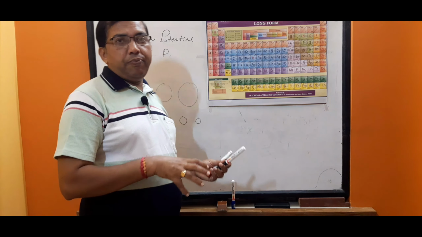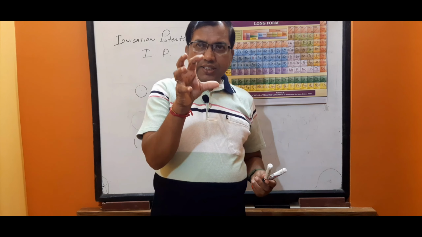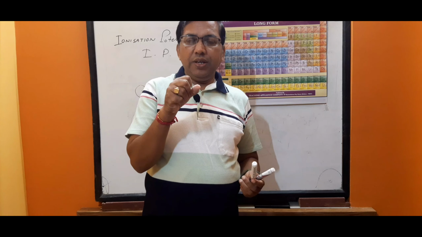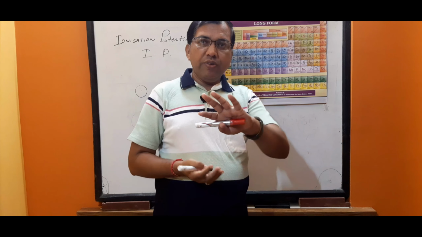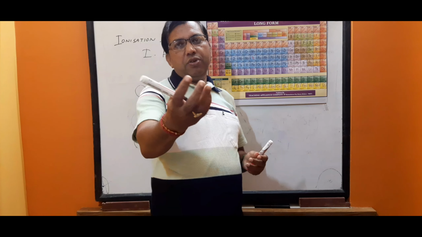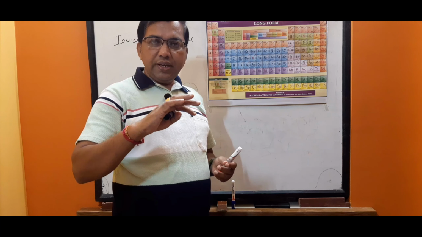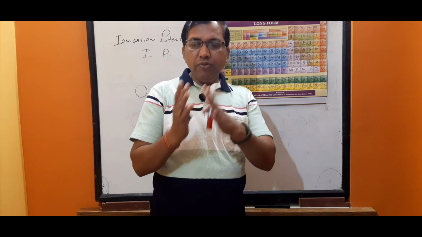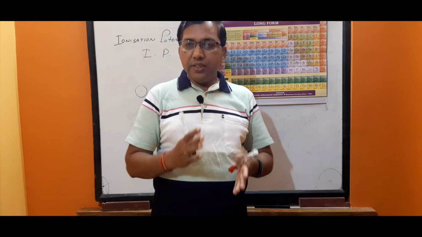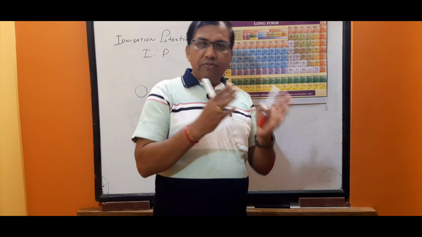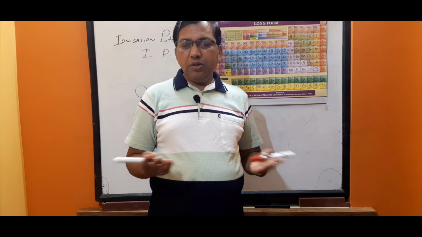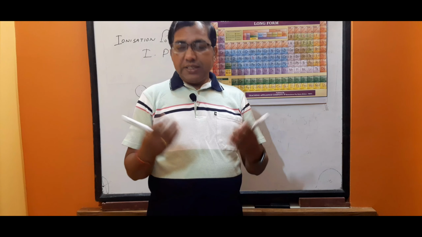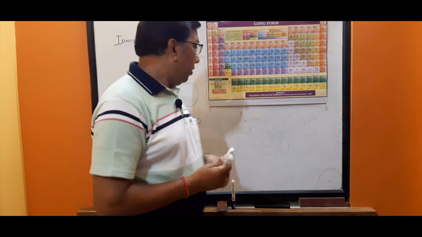The nucleus with greater nuclear charge binds the electron firmly, hence a large amount of energy is required to remove the electron from the atom. Clear? And in case of electronic configuration, for half-filled and fully-filled, there will be a variation, and for partially filled, not half-filled or fully-filled, there will also be variation.